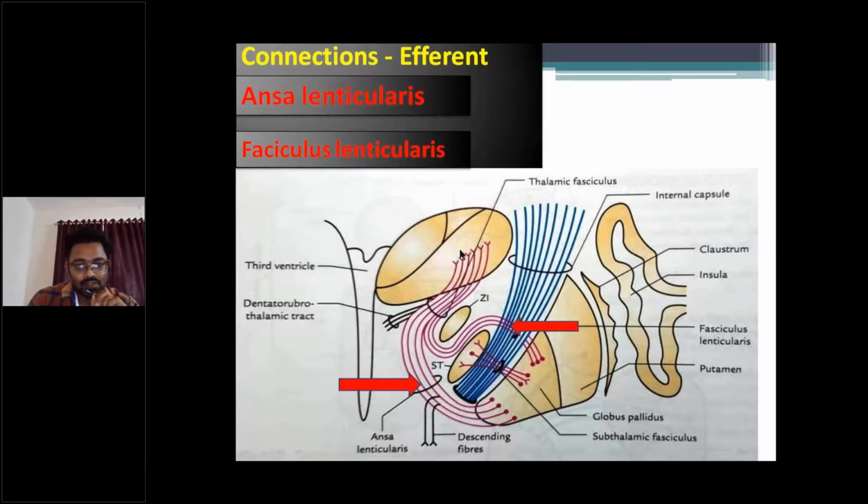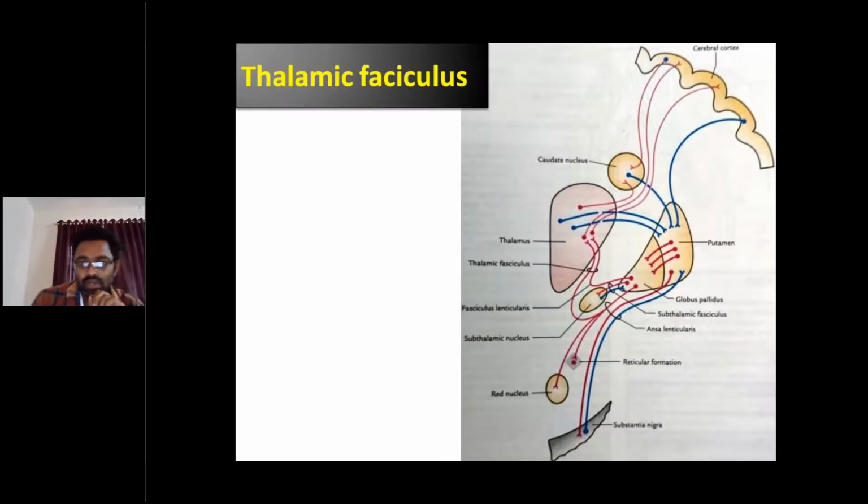It terminates into ventral anterior and ventral lateral nuclei of thalamus, and finally projects to premotor and motor cortex of cerebral cortex.